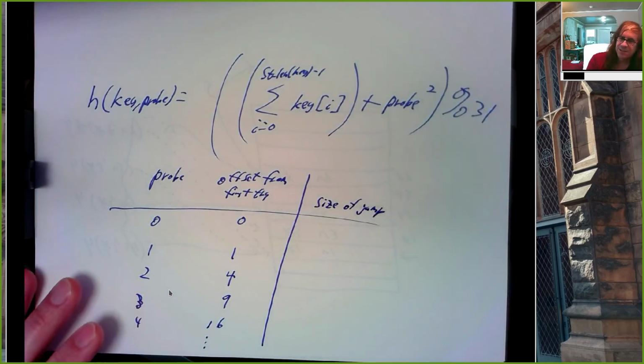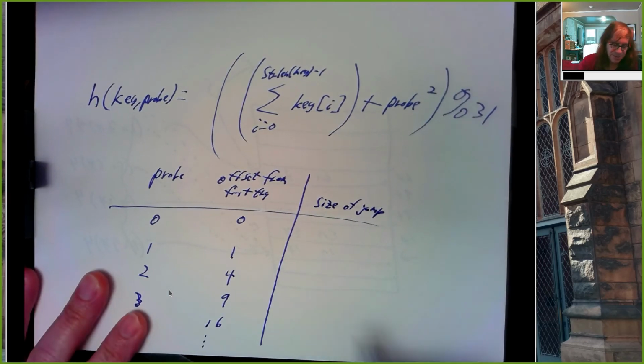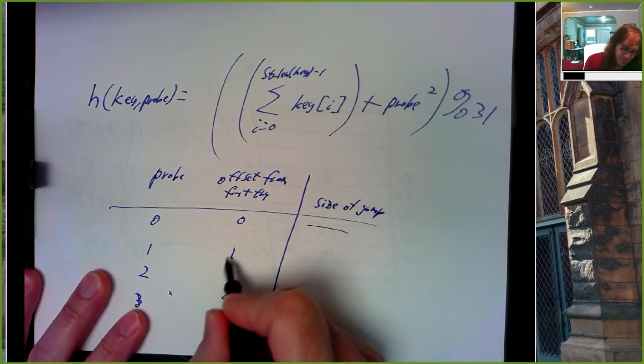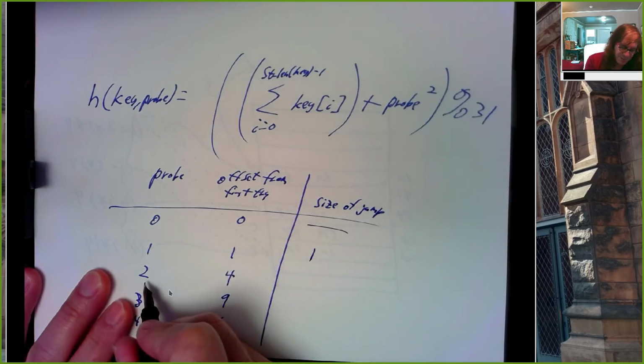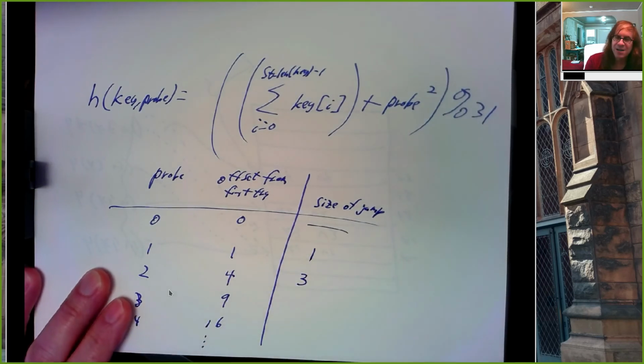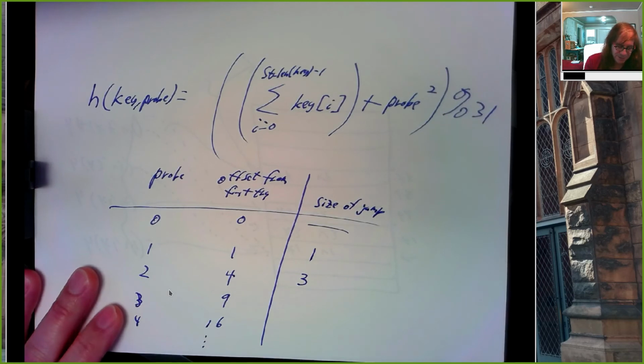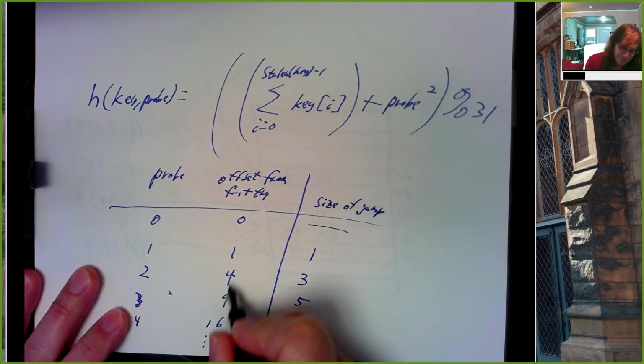And if we add another column here and we look at how much further we're jumping from our previous location, right? So our second probe attempt, we moved 1 spot from our previous. If we probe again, we're going to move down another 3 spots from there. If we probe again, we're going to move down another 5 spots.